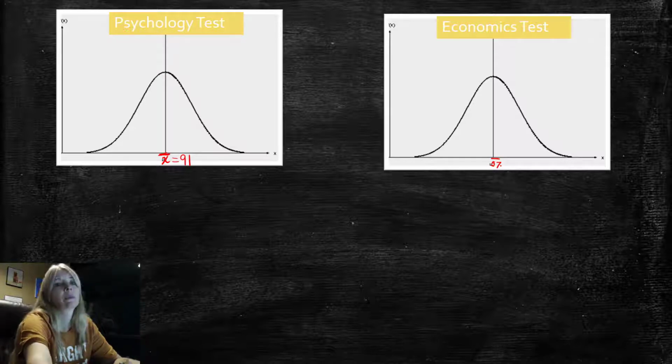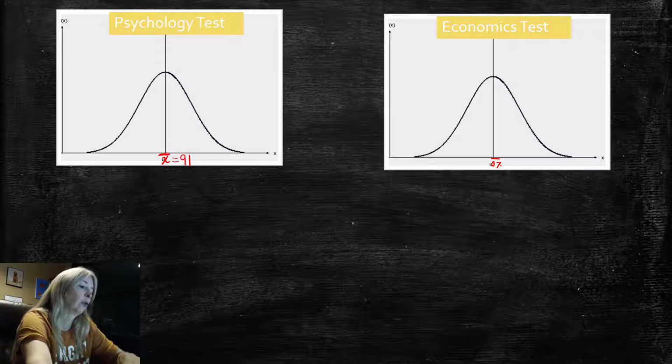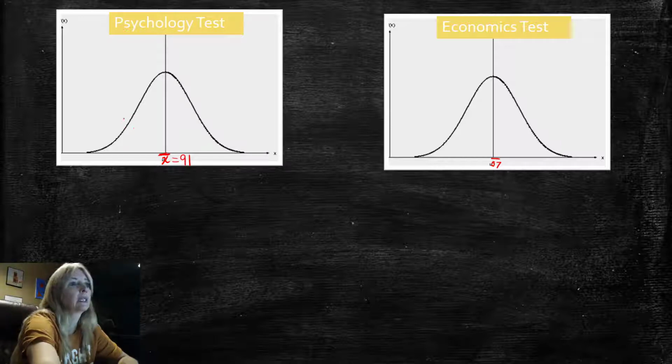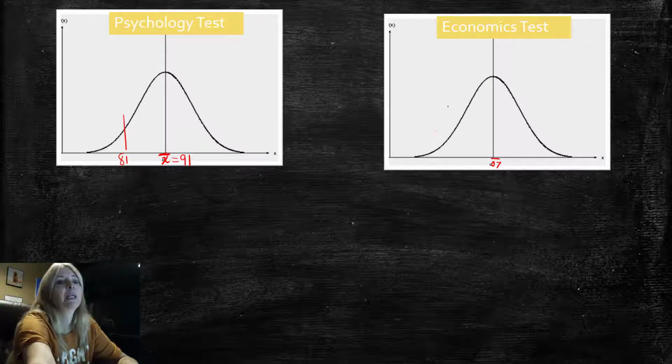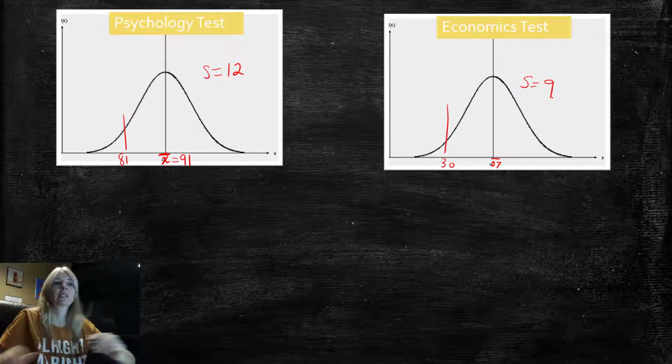We're just assuming these are out of 100, right? On the psychology test, this one made an 81, and on the economics test, this one made a 30. The standard deviation is 12 for the psychology and 9 for the economics test.